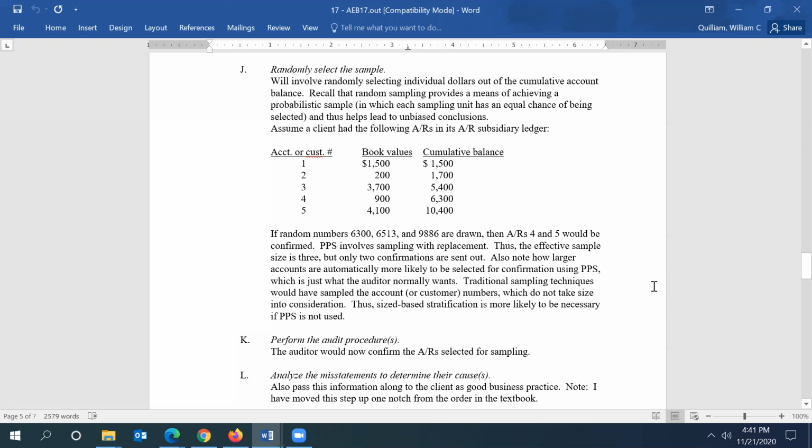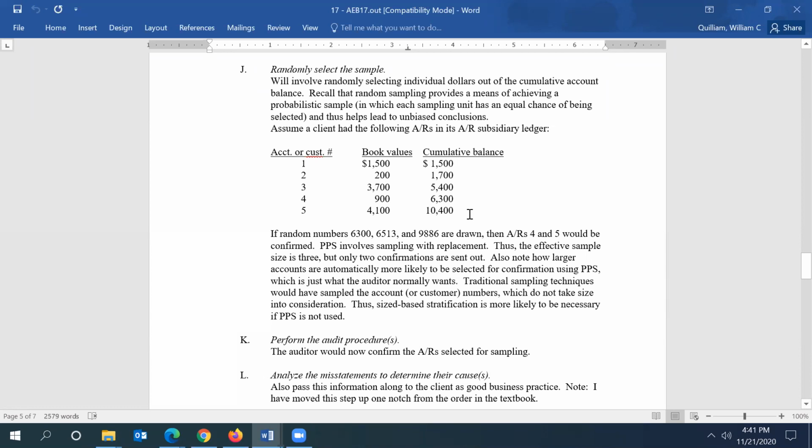So now let's go in and sample some random numbers. If we wanted to, we could go to any one of a whole bunch of random number generators on the internet. Or every audit software package has them too. In this case, we would want to generate random numbers starting from 0 up to 10,400.